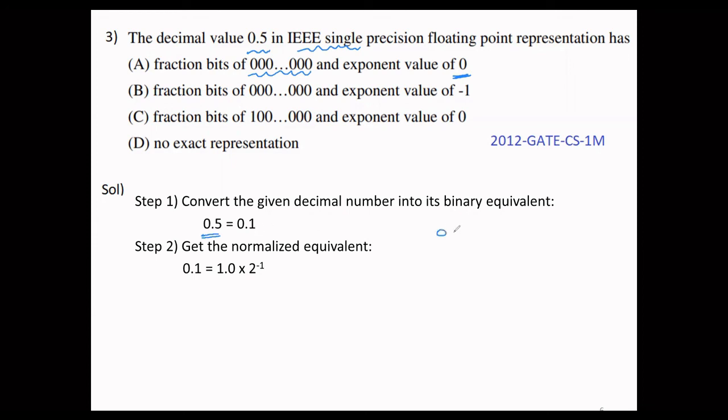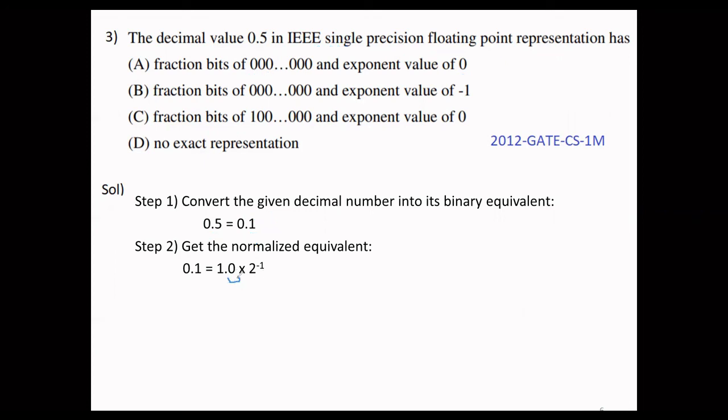So 0.5 into 2 equals 1.0, that is 1. That means 0.1. Get the normalized equivalent. For the normalization, the binary point should be at the leftmost. So if you move the binary point one bit position to the right, we get 1.0. Since we moved in this direction, the exponent reduces, so 2 power minus 1.